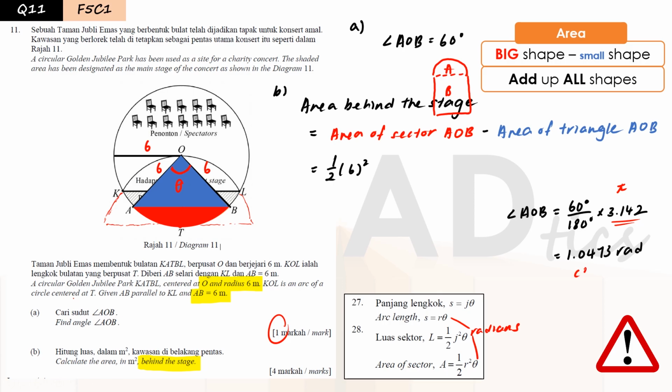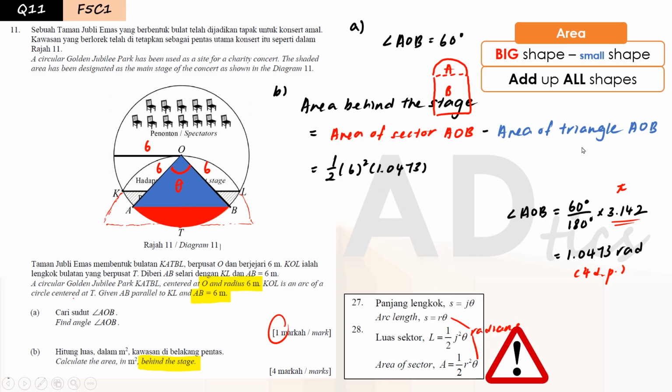Make sure it is in 4 decimal places. Don't put 1, don't put 2, put 4. Because it can make your answer more accurate and less likely to be rejected by the SPM examiners. Alright, put 4 decimal places. Alright, so I'm going to multiply this value inside here, and let's find the area of the triangle.